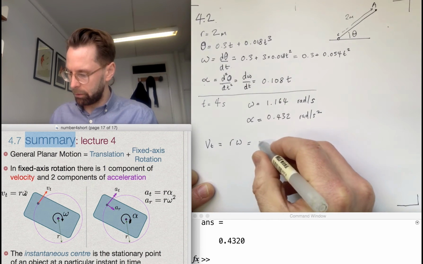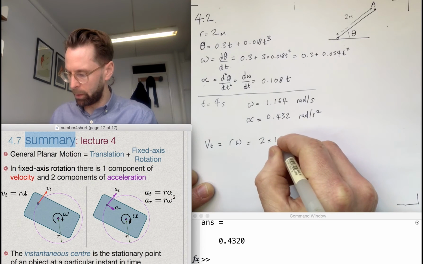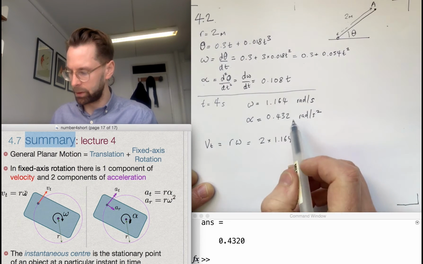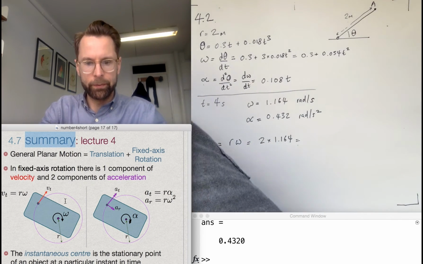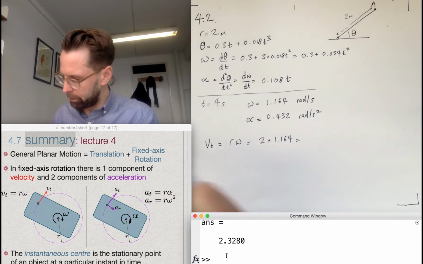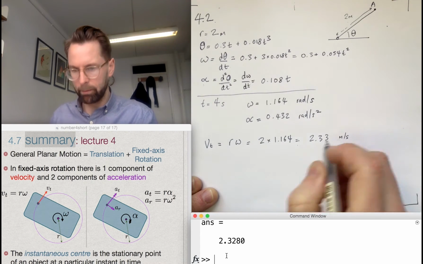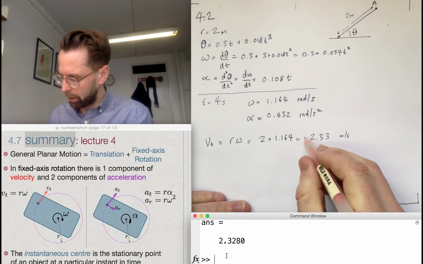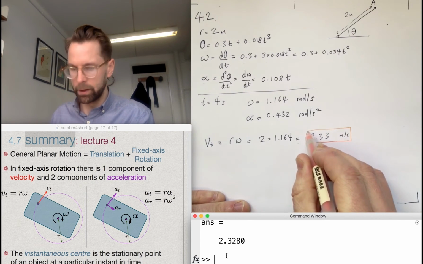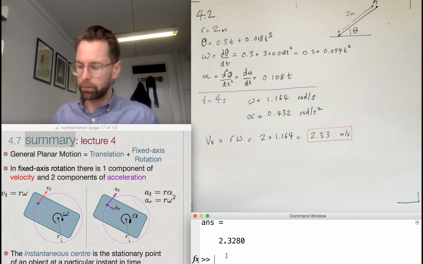So that's 2 meters long times omega, which is 1.164 at 4 seconds. So 2 times 1.164 is 2.33 meters per second rounded up. So that's the first part, because the magnitude of velocity is just the tangential component, because there's only one component.